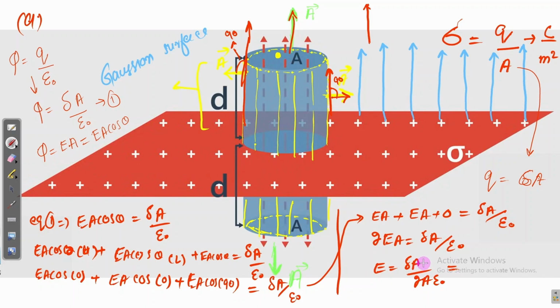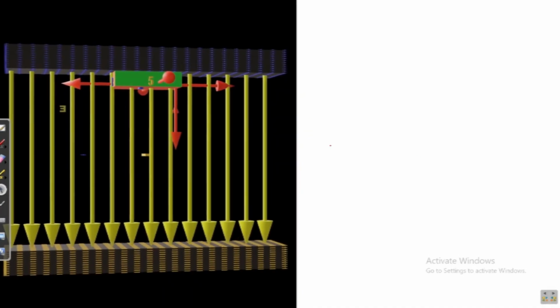This A cancels with this A, and the result implies that E becomes sigma divided by 2 epsilon naught. So this is the electric field intensity at that point.